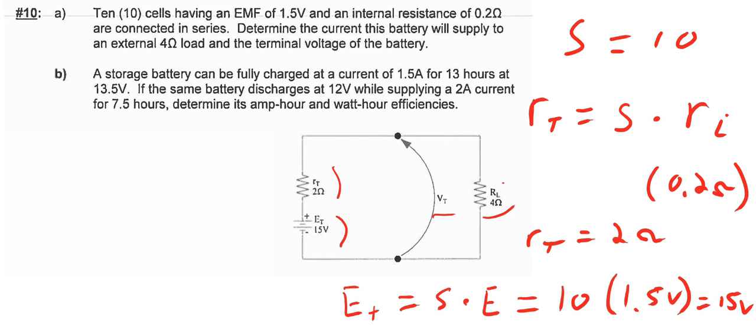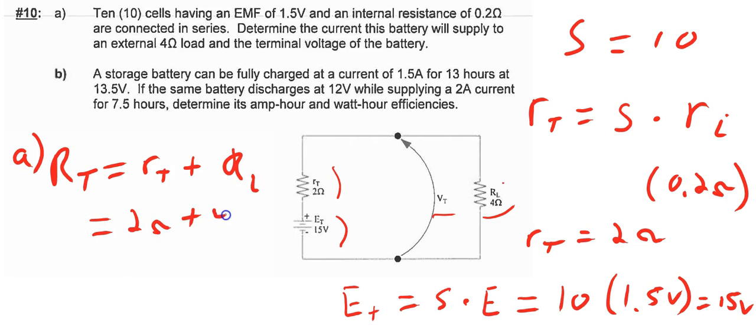Now, for part A in this question, we are asked to calculate the current and the voltage across the load, or the terminal voltage of the battery. And so we have a relatively simple series circuit now, where the voltage source is 15 volts and there are 2 series resistors, and so the total resistance of the circuit will be equal to the internal resistance plus the load resistance, 2 ohms plus 4 ohms, for a total resistance of 6 ohms.